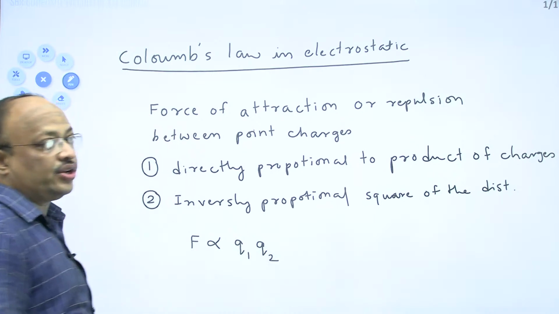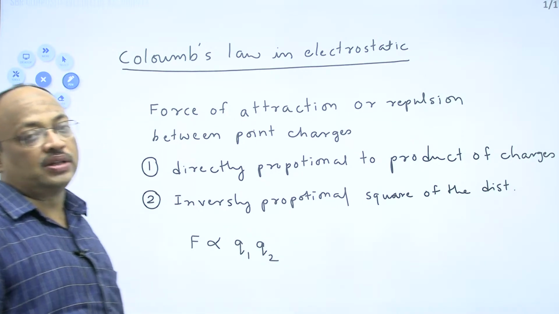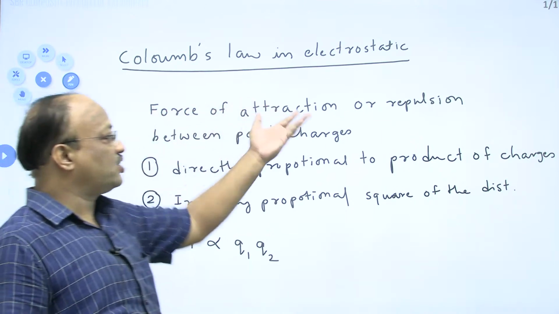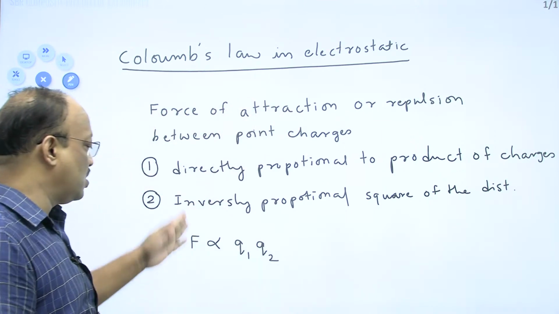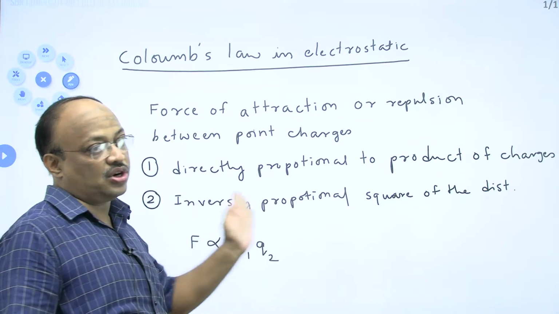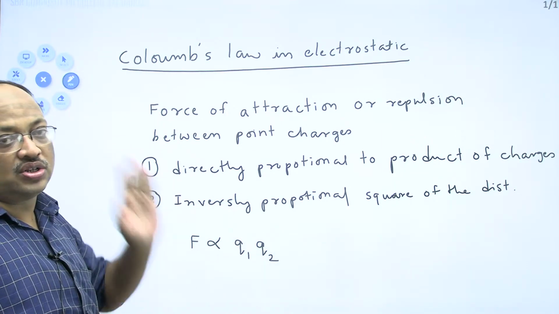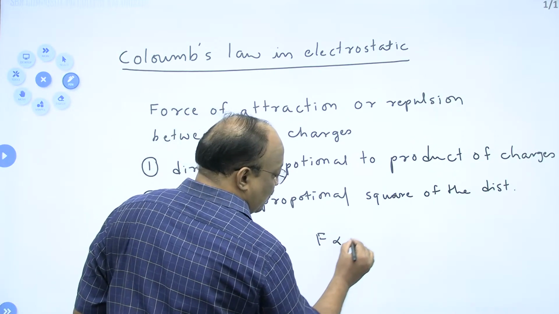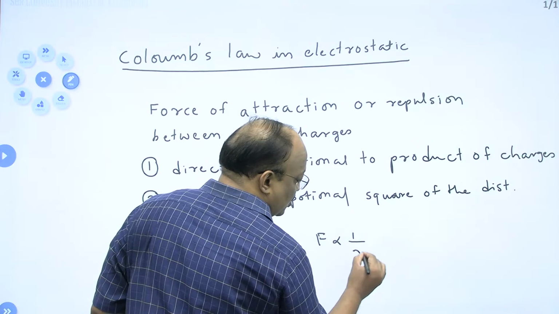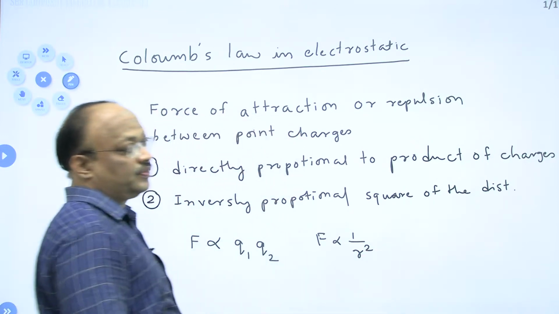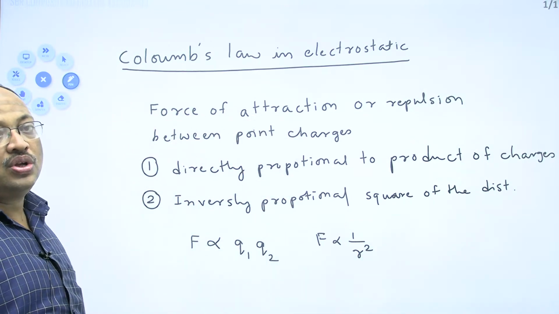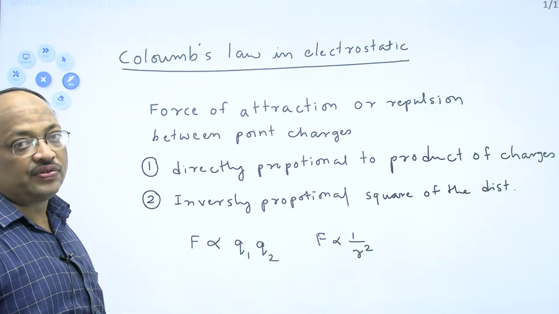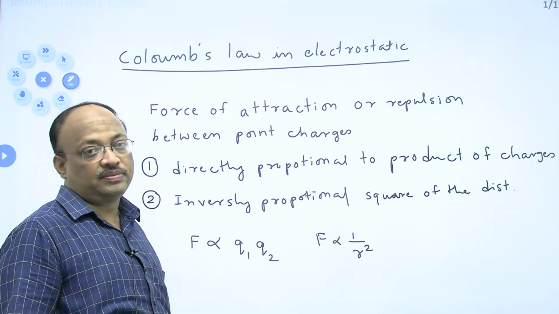If Q1 and Q2 are the two charges whose force of attraction or repulsion you want to find out, force is directly proportional to the product of the charges, and inversely proportional to the square of the distance between them.